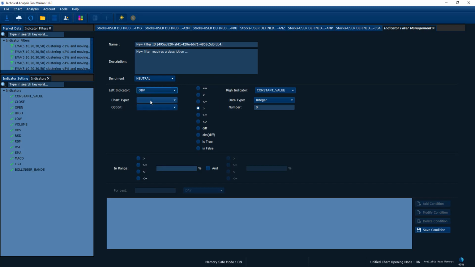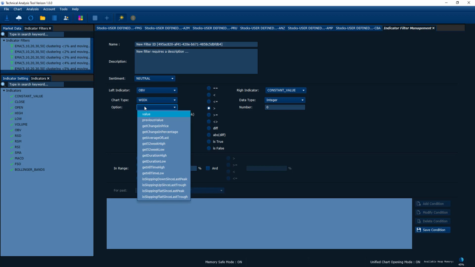Let's see what functions are provided. You have lots of functions you can use in terms of OBV. You can get a value, and you can get a 52-week high of OBV.